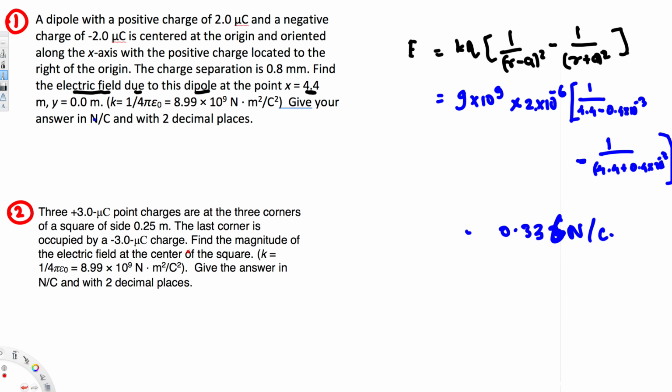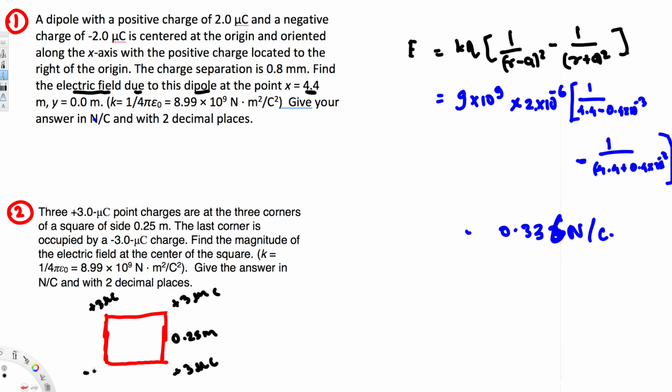Okay, so this is a square right here, and each side is 0.25 meter, and then we have positive 3 microcoulomb, positive 3 microcoulomb, positive 3 microcoulomb, and one is negative 3 microcoulomb.